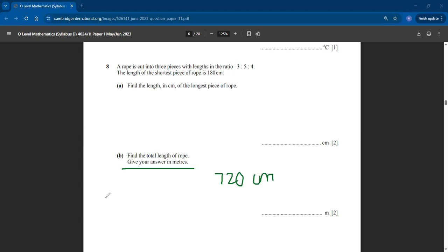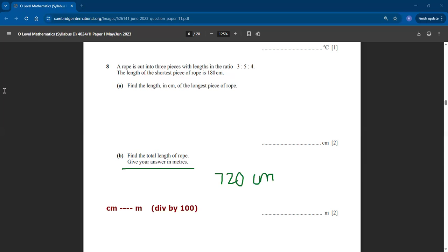When we're going from centimeters to meters, let me put that down over here as well in case you want to take a mental note of that. So centimeters to meters, we are going to divide by 100. Okay.